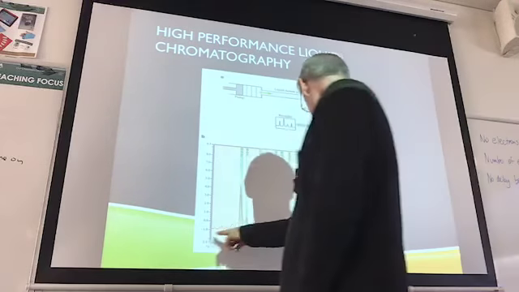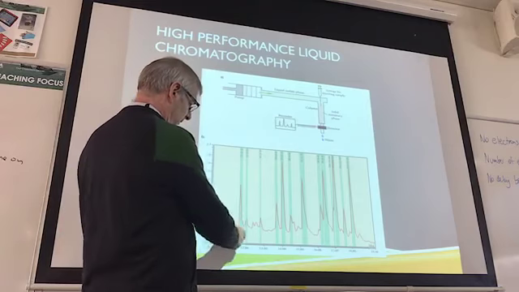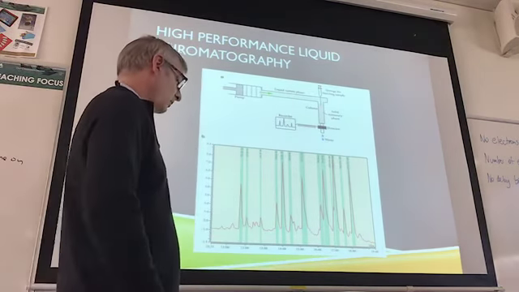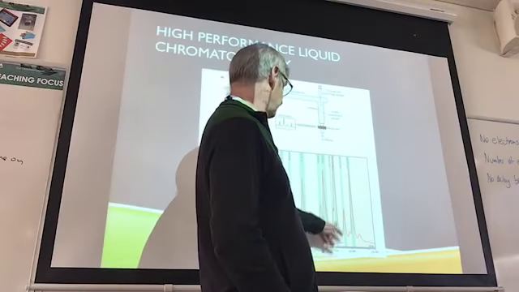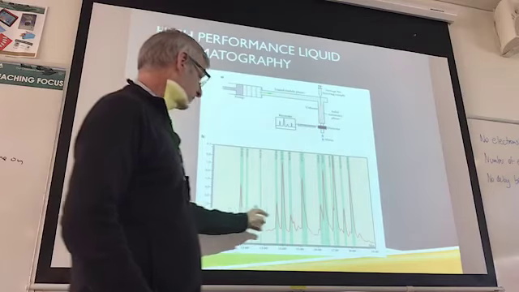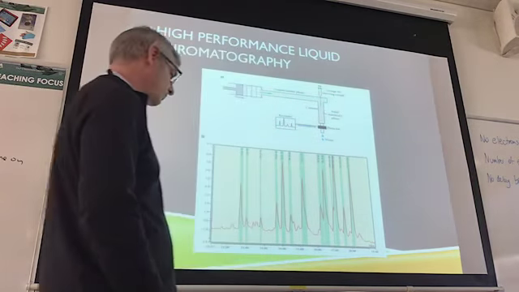So this is retention time down this way in minutes, and we can see that we've got these peaks. So from this graph we can see that the most common substance was this one because it's the tallest peak, and we can see that probably the larger molecules are these ones because they take the longest to move through.